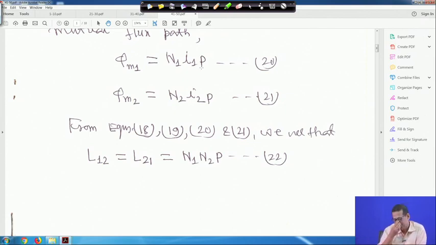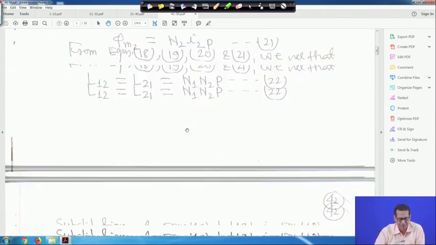The permeance of the path will remain the same. Therefore P is equal to phi M1 upon N1 I1, or equal to phi M2 upon N2 I2. So basically it will be N1 N2 into P, and L12 is equal to L21 is equal to N1 N2 into P. So they are the same. This is equation 22, right.